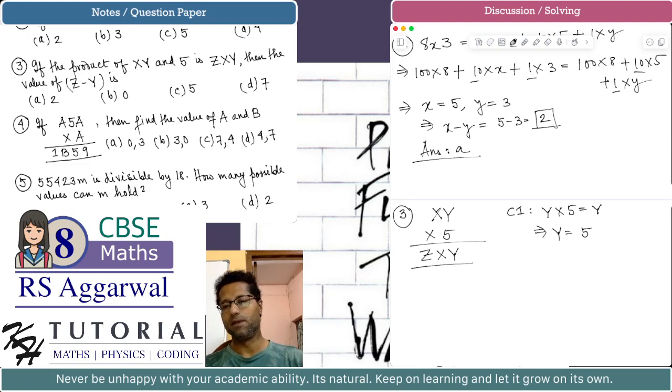Because anything multiplied by 5 ends in either 0 or 5. So if y is 0, then 0 multiplied by 5 is 0. So 0 is also a possibility. In this case, y can be 0 or 5.